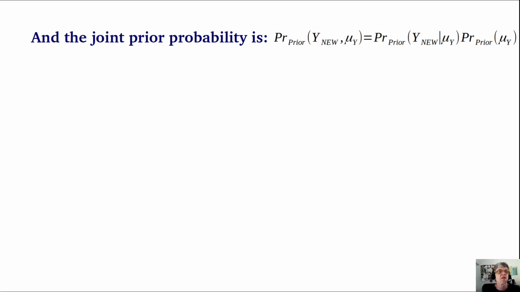So the joint prior probability of the new data and the parameter can be decomposed as a product of the following conditional probability: the probability of new data given the parameter times the probability of the parameter.